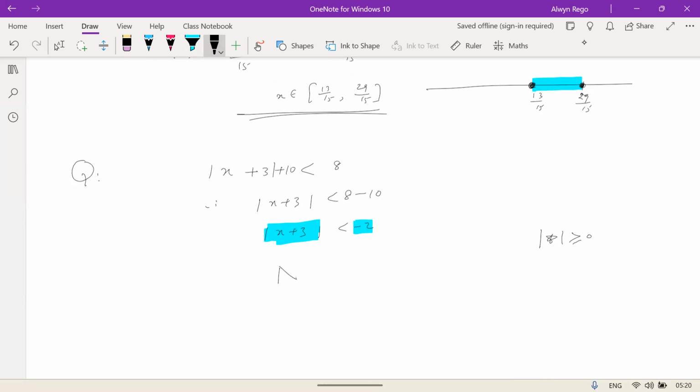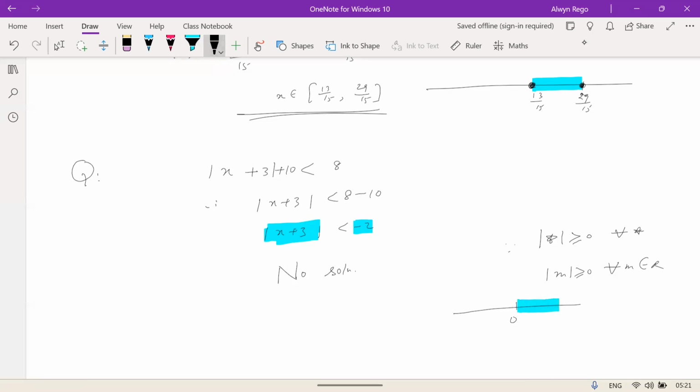Therefore, I would say that there are no solutions because absolute value of something is more than or equal to 0 for all something. So absolute value of m is more than or equal to 0 for all values of m in real numbers. Therefore, if you're talking about absolute value of x plus 3 to be less than negative 2, the demand is never met because the absolute values of something are always more than or equal to 0.